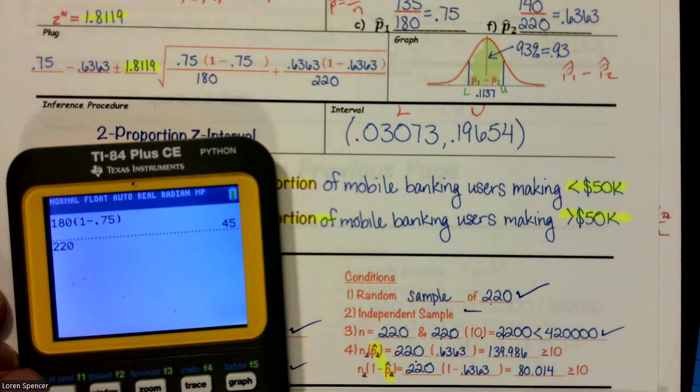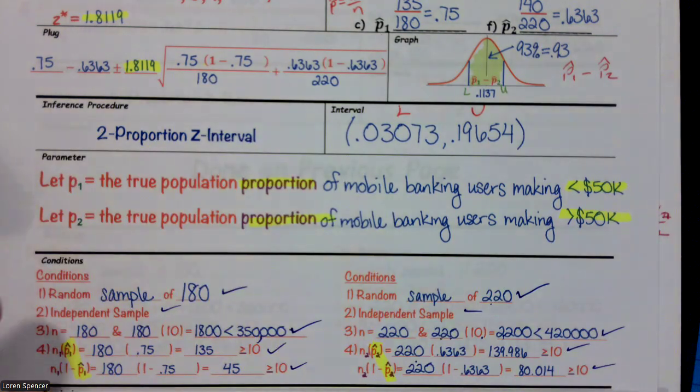So 220 parentheses 0.6363, 139, big enough. And then 220 parentheses 1 minus 0.6363 is 80. It's also big enough. So we know that both are large enough to proceed, which we already did.